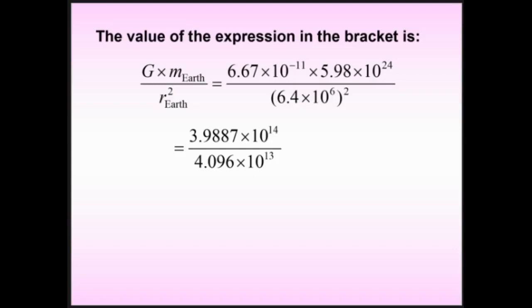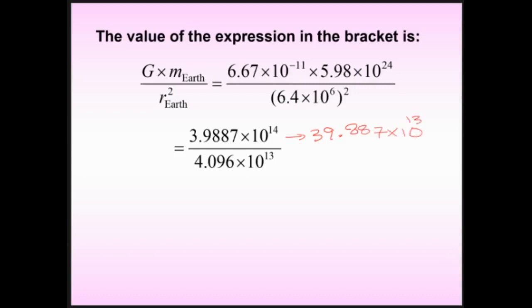You know why? Because what's 6.67 times 5.98? That's bigger than 10, right? So when it makes its scientific notation, it steals the power and it makes it less than 10. In other words, I'm confusing you. I know. In other words, without scientific notation, this would look like 39 point 887 times 10 to the what?